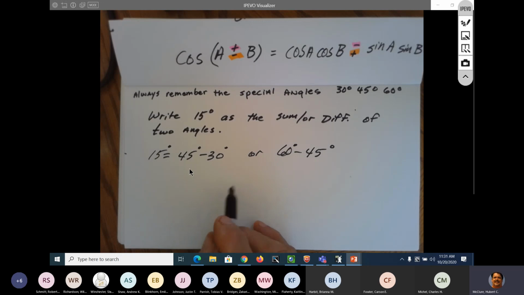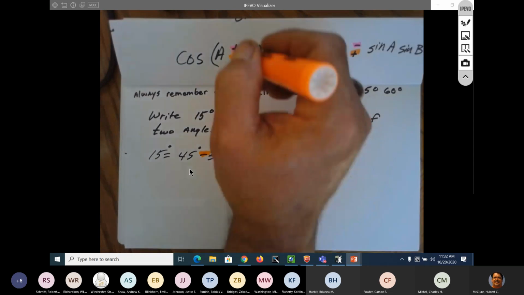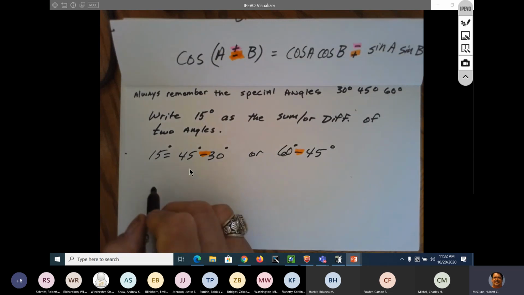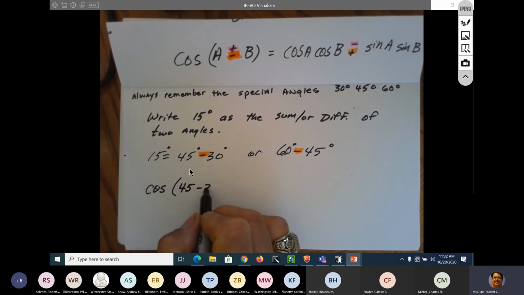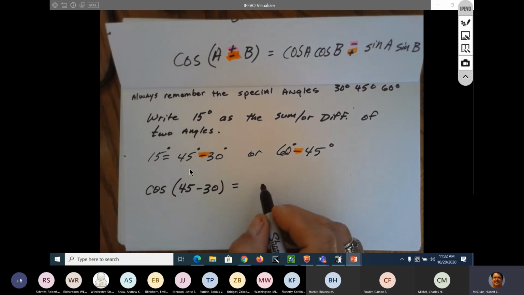I'm going to pick 45 and 30, and it's subtraction, so I'm going to go with my orange. I'm going to rewrite this as cosine of 45 minus 30 is equal to cosine, cosine, sine, sine.